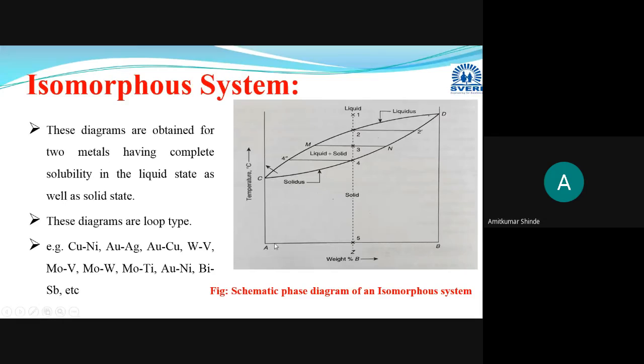On the x-axis, from point A to point B, the percentage of nickel is increasing. In general, the percentage of B goes on increasing as you move from point A to point B. At point A, element B is 0%, and at point B, element B is 100%.